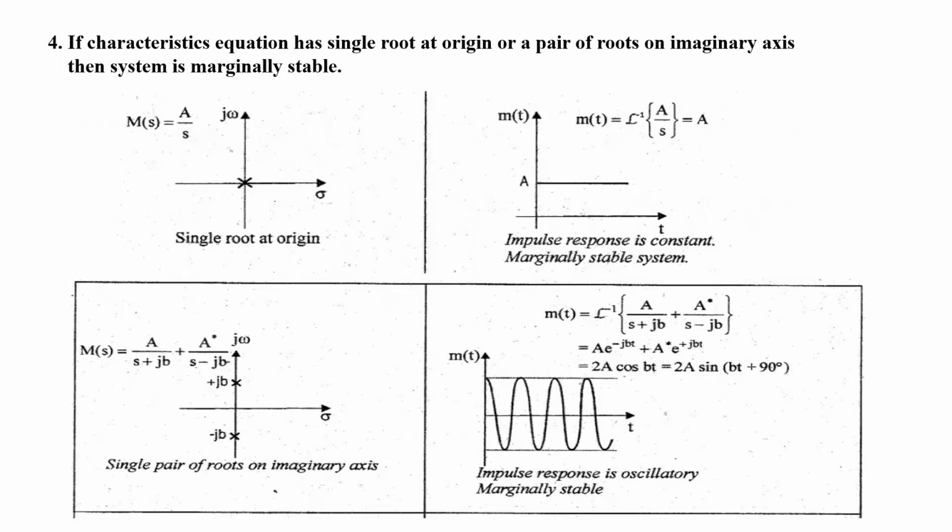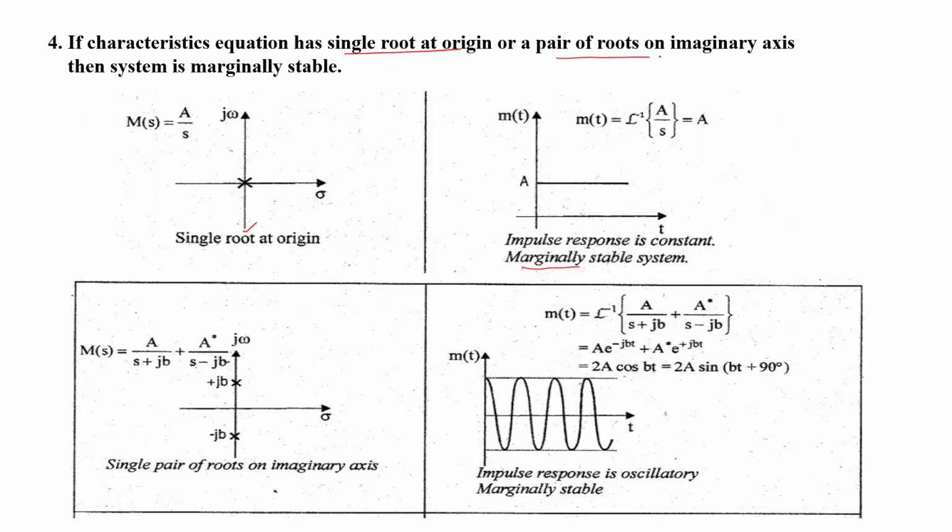Another condition we have: if the characteristic equation has a single root at the origin. So this condition we are seeing here, a single root is at the origin. In that case, it is going to be marginally stable. So the right side is showing the impulse response in the time domain by using the Laplace inverse. That is marginally stable if a single root is going to lie at the origin.